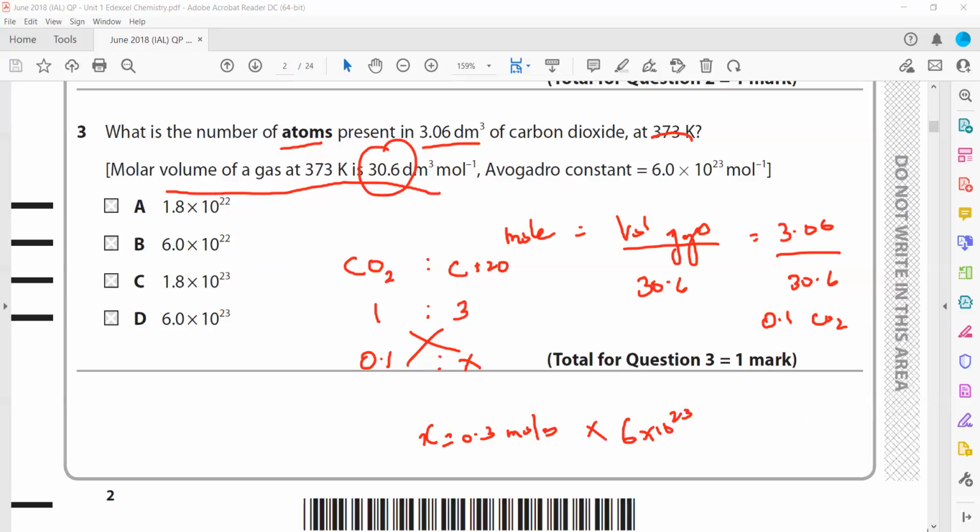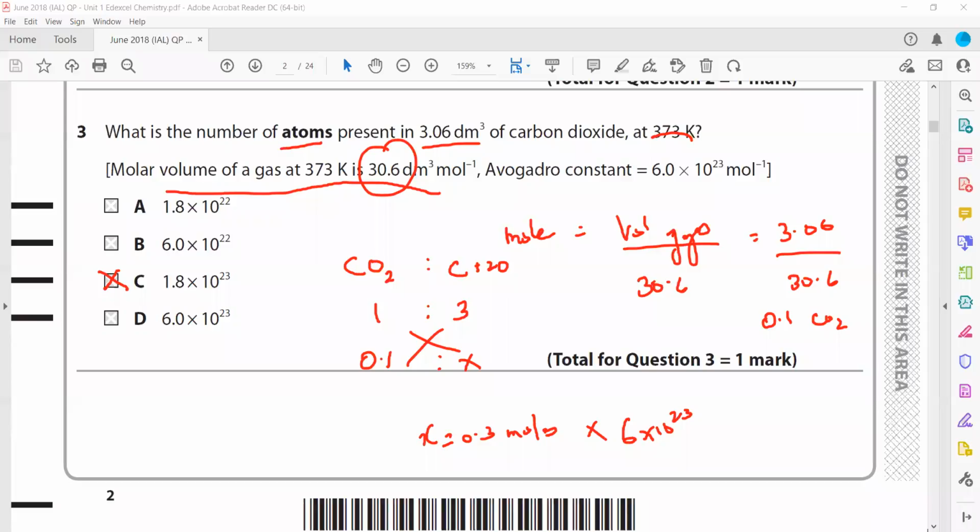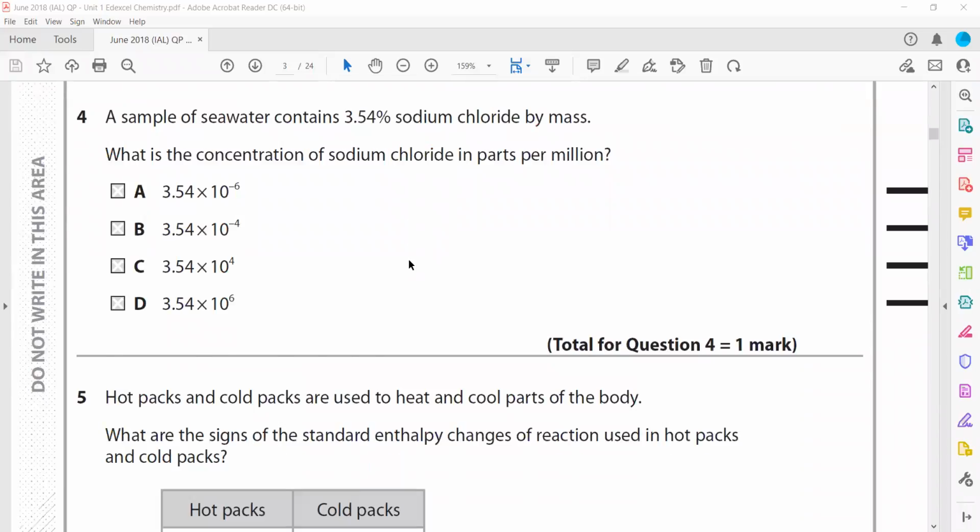So 0.3 multiplied by 6 × 10^23 gives us 1.8 × 10^23. So C will be the right answer. First, using the volume, we work out the moles, and using the moles, we find the moles of atoms. From moles of atoms, we multiply by Avogadro's number to get the total number of atoms.